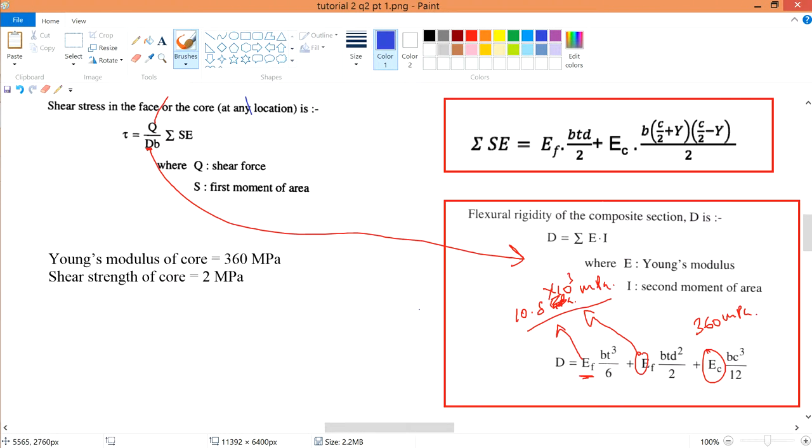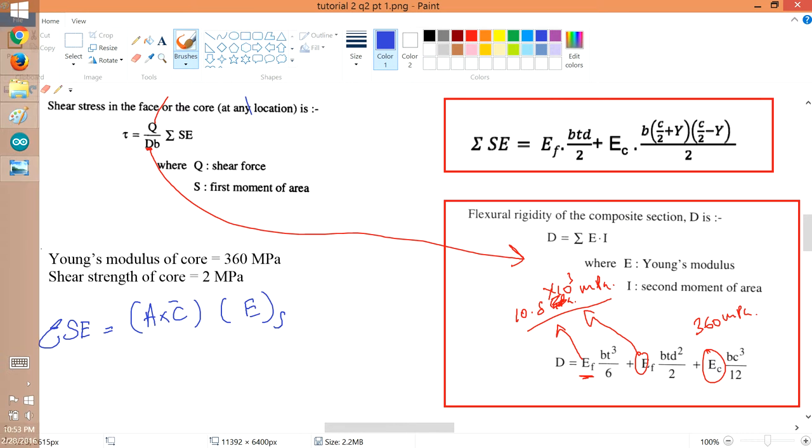Before I go, I just want you to take note that the lecturer had actually written the summation of SE. Instead of this equation, he used a different equation, where he used A times C bar, multiplied by E, the Young's modulus of your face, which is a bit weird. I'll leave you to think about it, because this is actually for the solid beam, or the first moment of area.